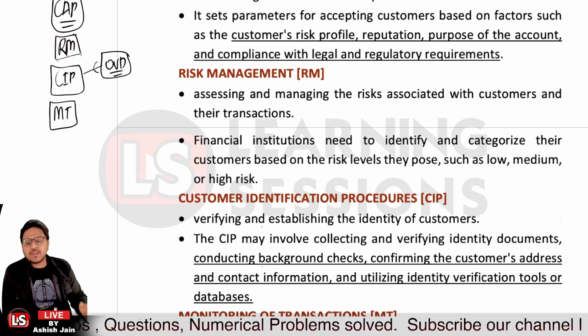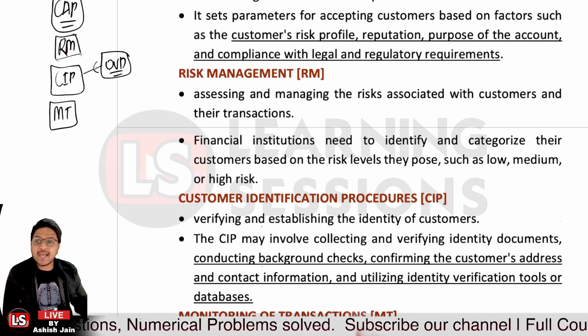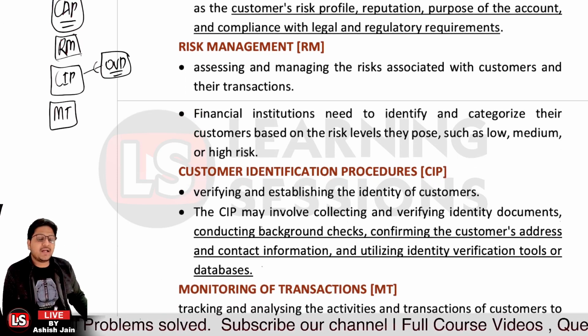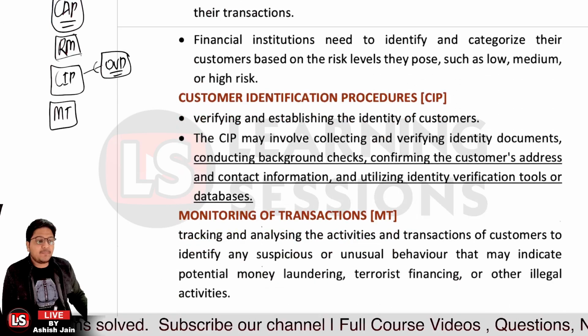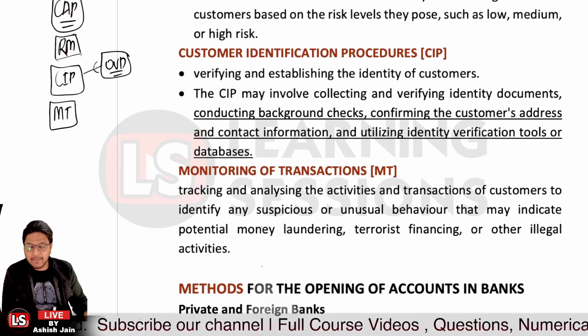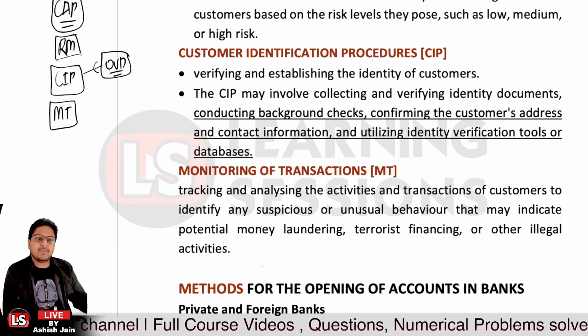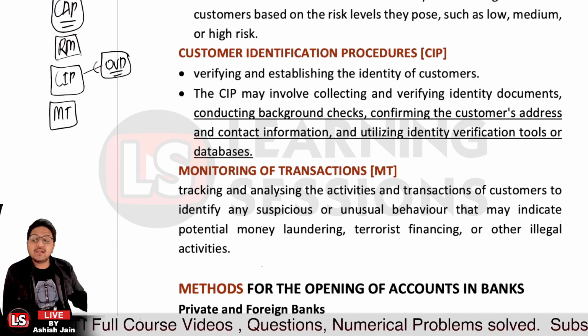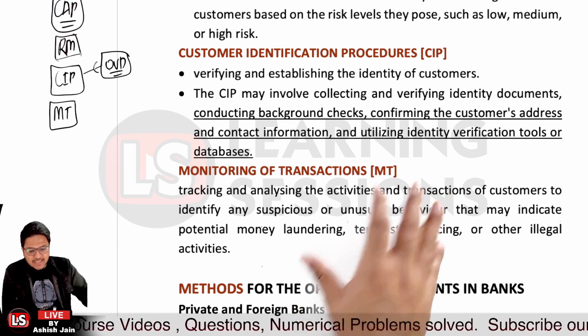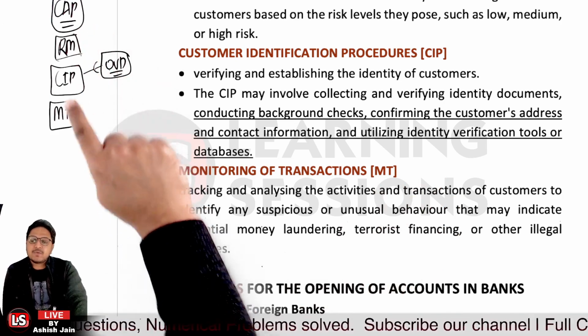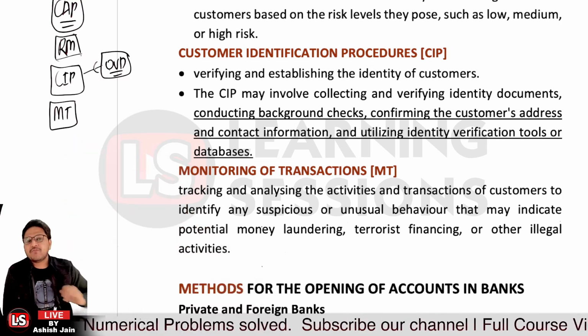And you have to report all those anomalies to the Reserve Bank of India, and prompt action must be taken. It will help the bank tackle money laundering, terrorist financing, or any other illegal activity, right? So these are the four pillars: customer acceptance policy, risk management, customer identification procedure, and the monitoring of transactions.